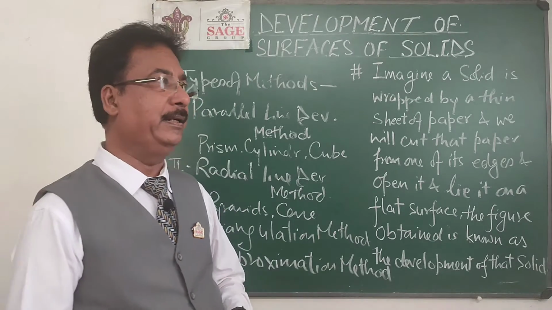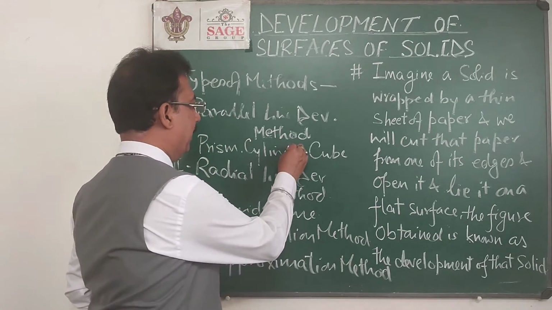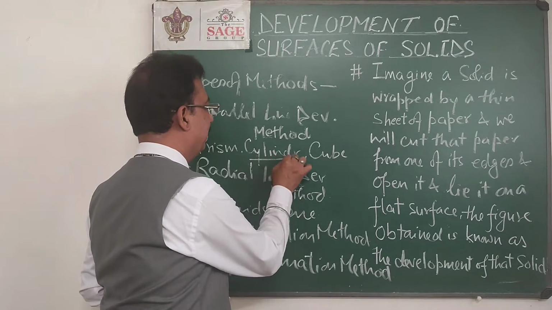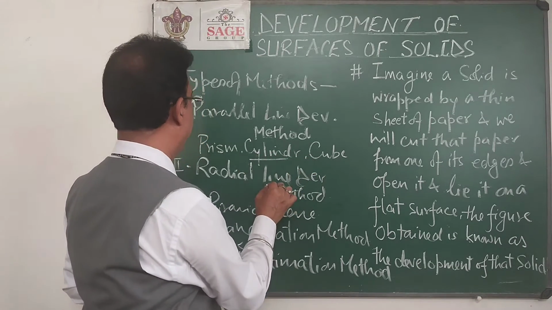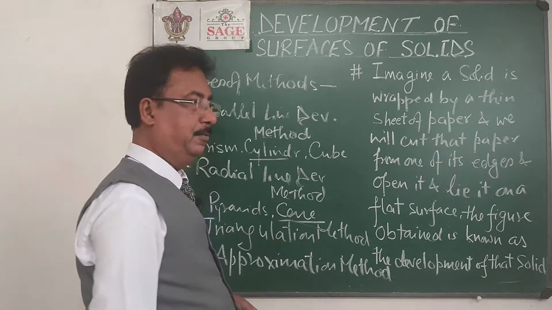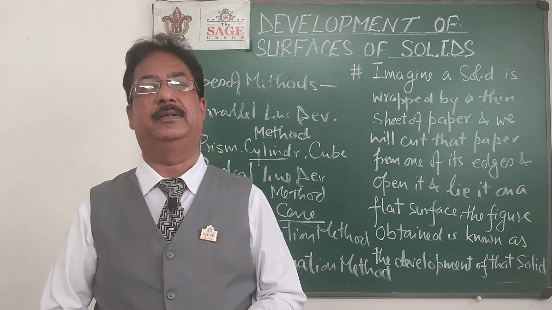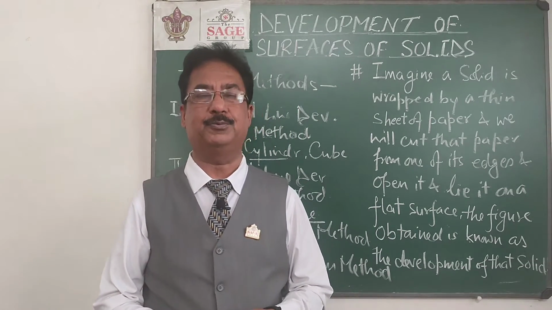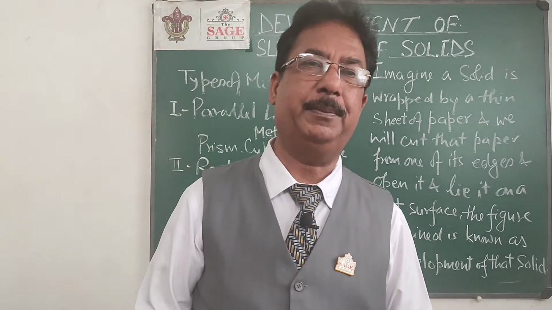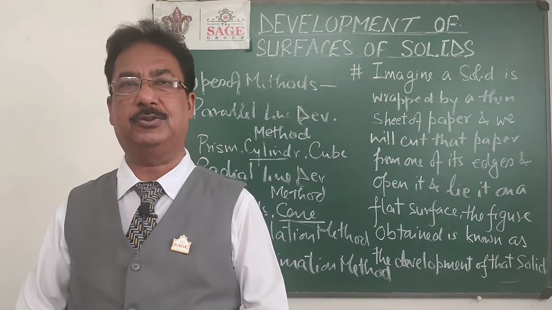Actually, we can develop single curved solids, which have a single curved surface like cylinder and cone, exactly, but double curved surfaces like sphere, paraboloid, ellipsoid, hyperboloid cannot be developed exactly.